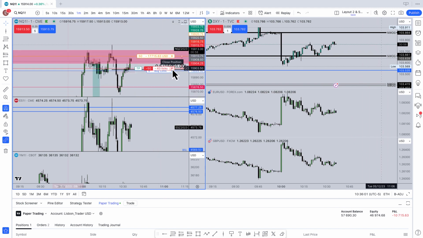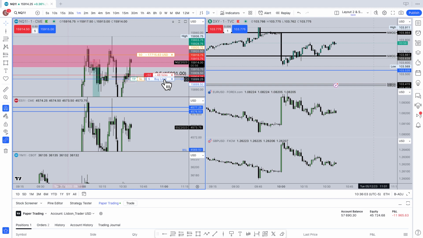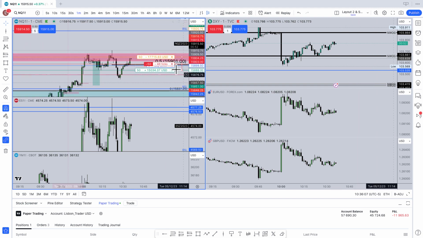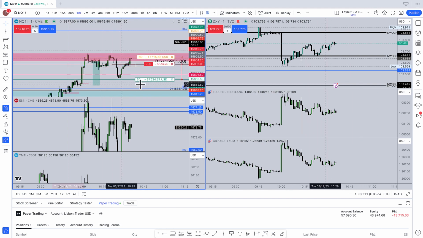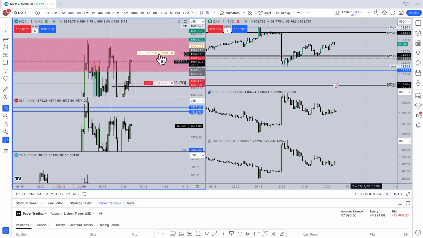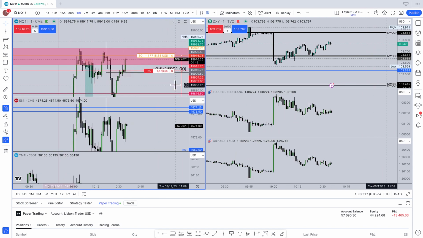It's not holding, is it? Stop holds. And this would be the trading profile.